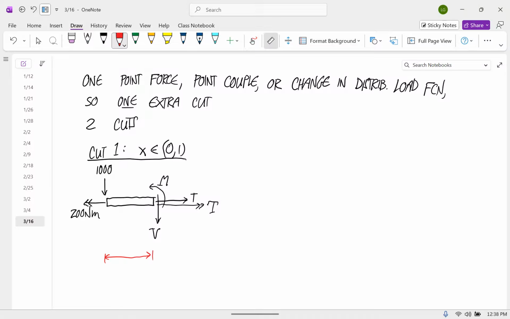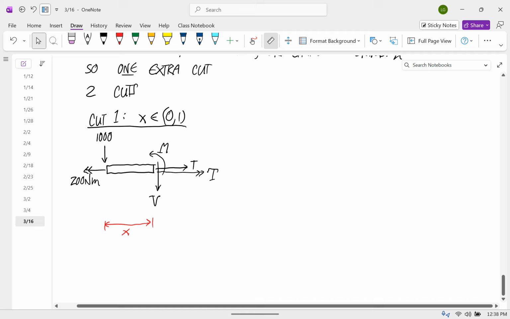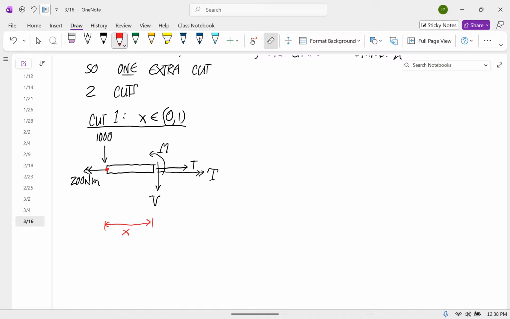And the length of this piece is x, okay? Where x has to fall somewhere in that range. And this time I'm going to, like for every cut, use my left endpoint as the about point.